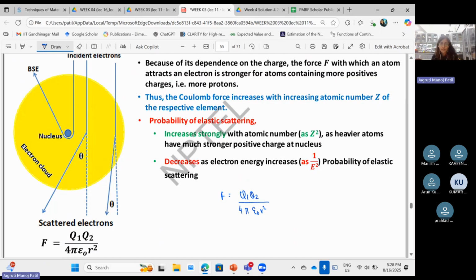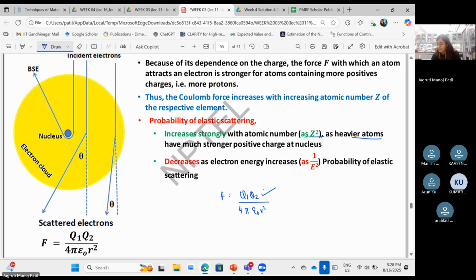You see that these are our charges. So it will increase as the atomic number increases, as heavier atoms will have more positive charge at the nucleus. Okay. So I take back what I said previously: as atomic number increases, the positive charge increases at the nucleus.